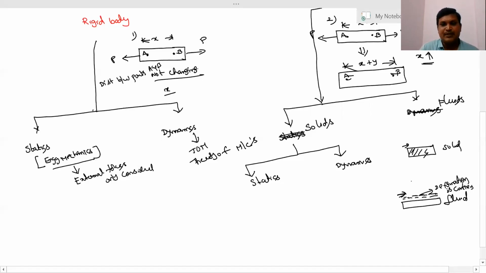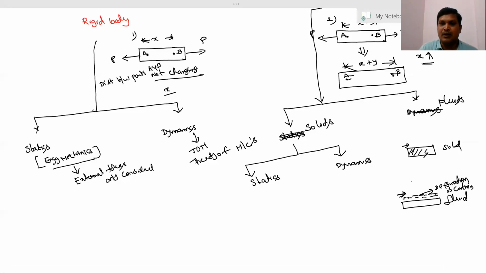So the difference between solids and fluids is, when you apply the load on the solid, the deformation is only up to a particular point. If you apply the same force on fluids, the deformation is continuous, even if you apply a small force. After you remove the load, the fluid is continuously deforming.